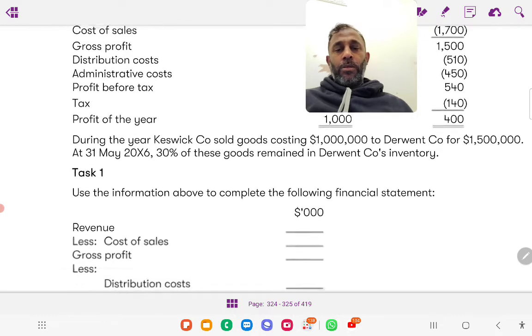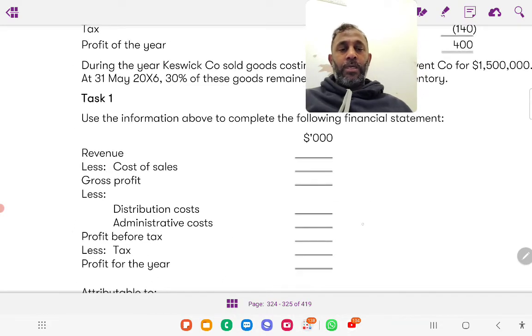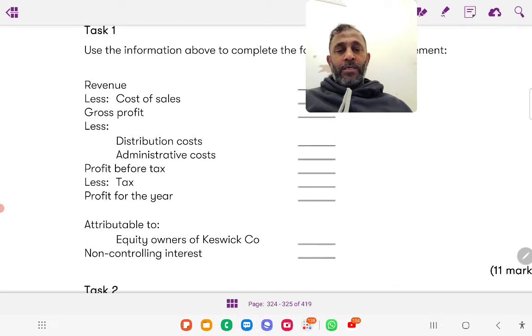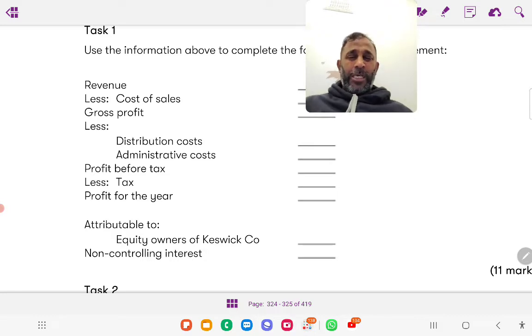When you talk about consolidation, the related accounting standards are IAS 27, IAS 28, IFRS 3, IFRS 10, and also IFRS 13, that is fair value measurement. These are applicable, but at our level we don't need to worry about them specifically.